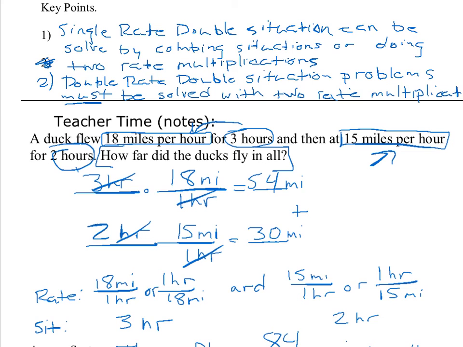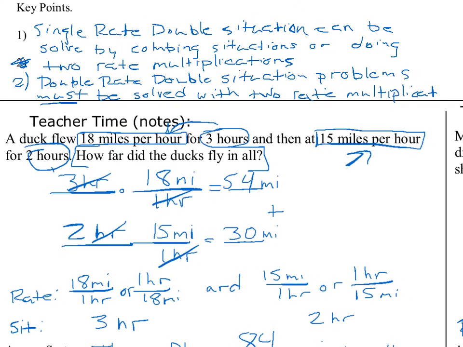All right, so double rate, double situation problems must be solved with 2 rate multiplications.